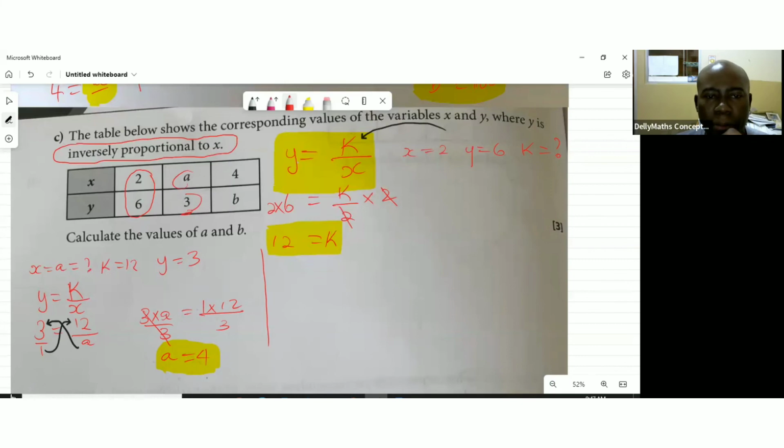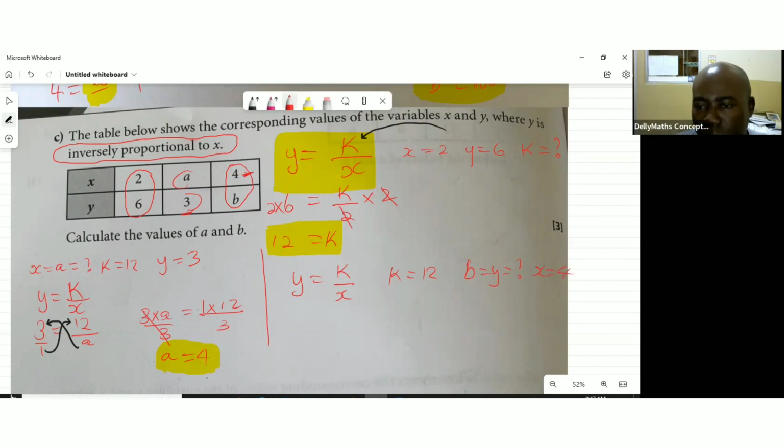All right, let's go for the B value right here. So remember that y is equal to k over x. K is the constant at 12. This time we want to find a B value, which is a y. So the B value is a y value that we don't know yet. Definitely the x value in that context is 4.